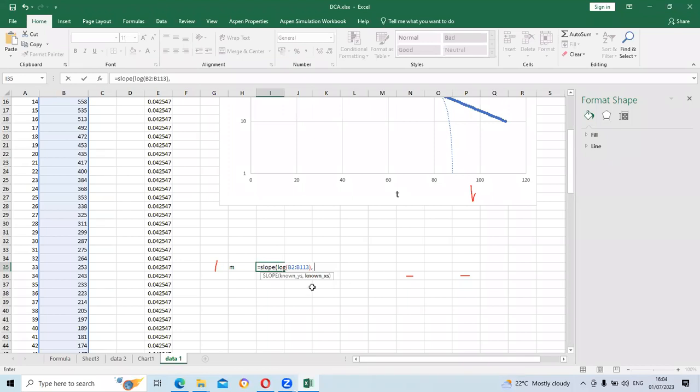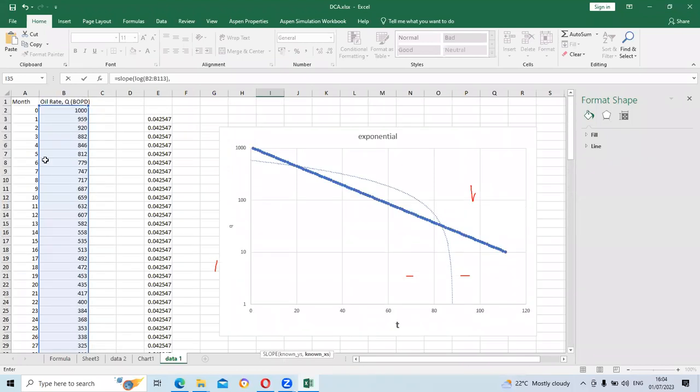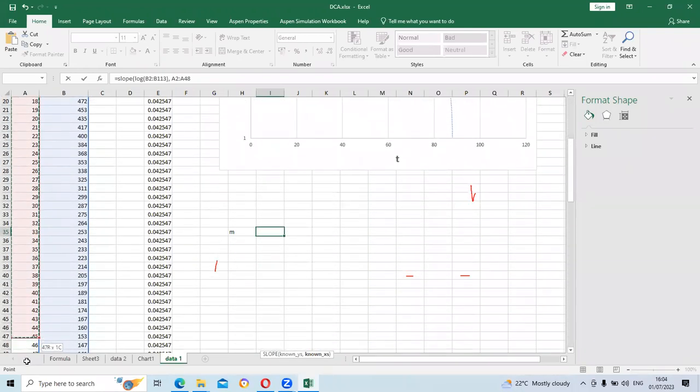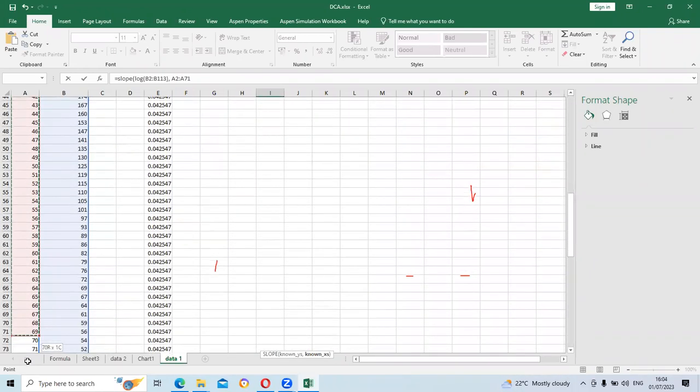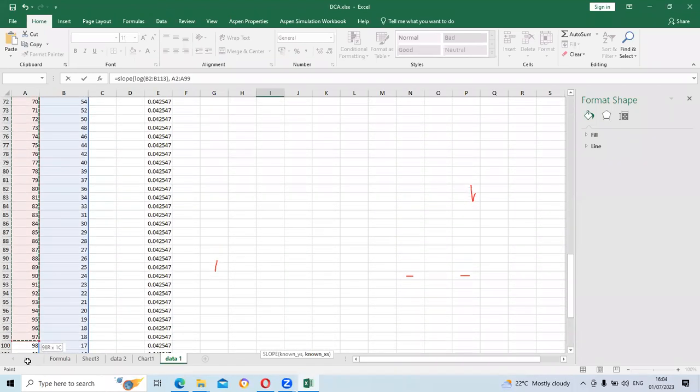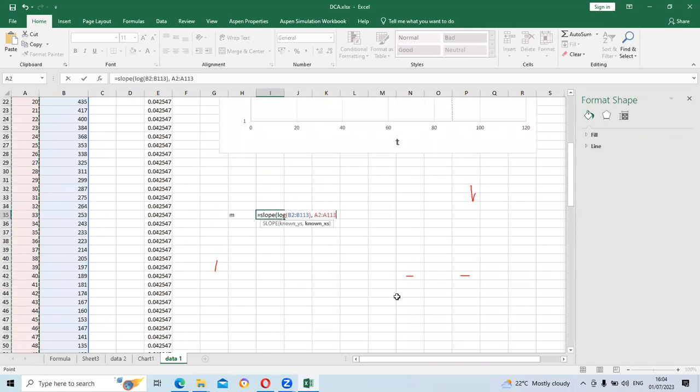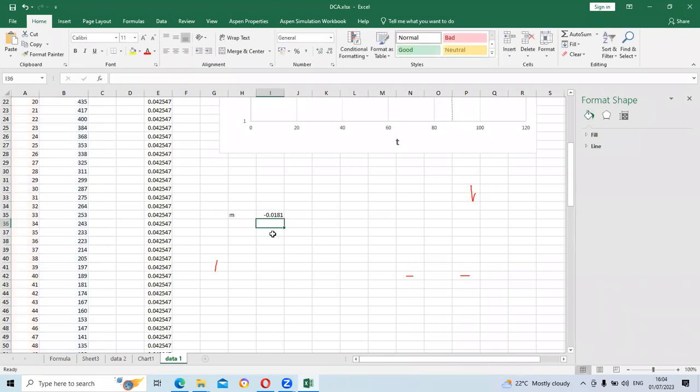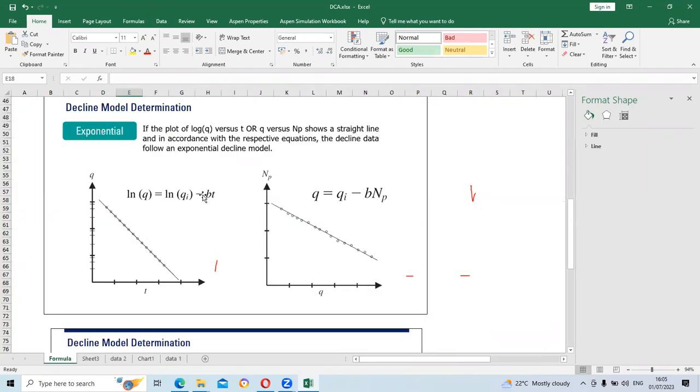They're now asking for the known x. X is our time. So I'll take the time right down. I close the bracket. All right, so that's our gradient. Our gradient is negative, but remember that there is a negative here.